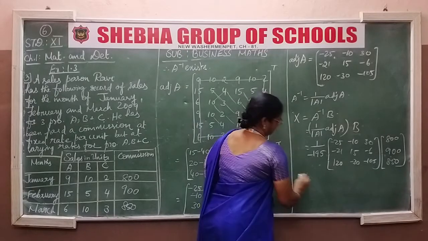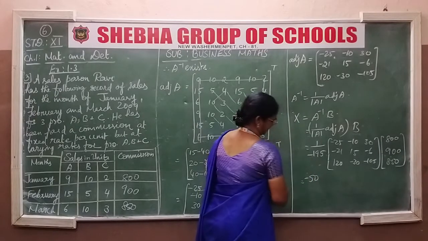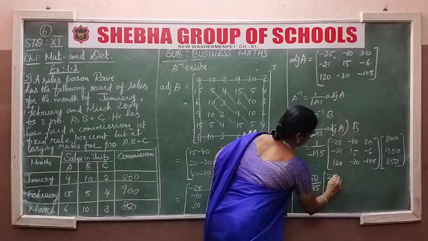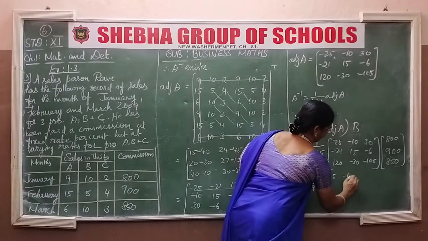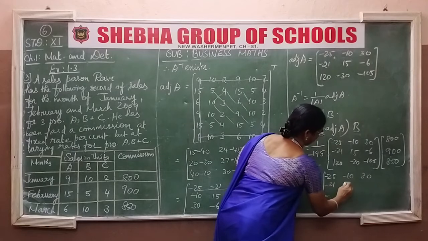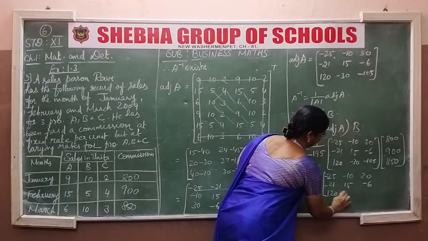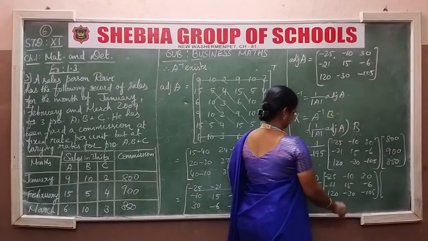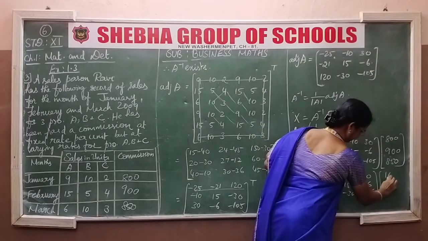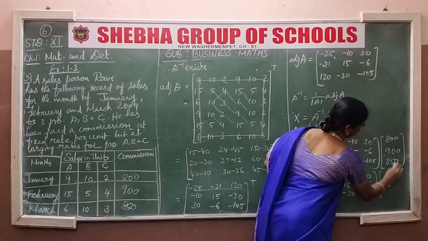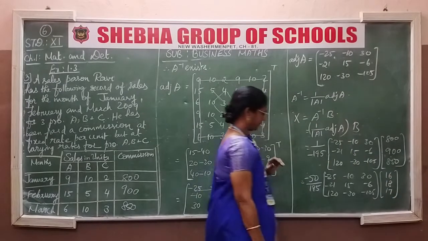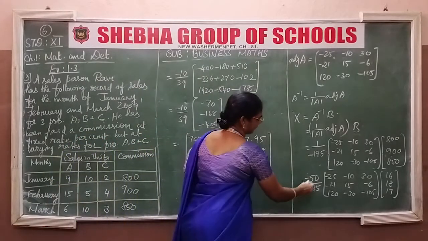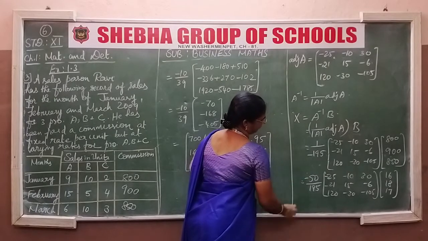We get 50 and take the minus in the numerator divided by 195, and write this as it is, minus 25, minus 10, 30, here also minus 21, 15, minus 6, 120, minus 30, minus 105, into, dividing this by 50 we get 16, here 18, here 17. Next, after taking 50, we have to cancel by 5 table.